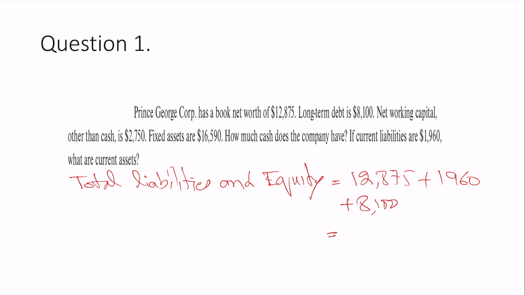So all together it is 22,935. That is total liabilities and equity.